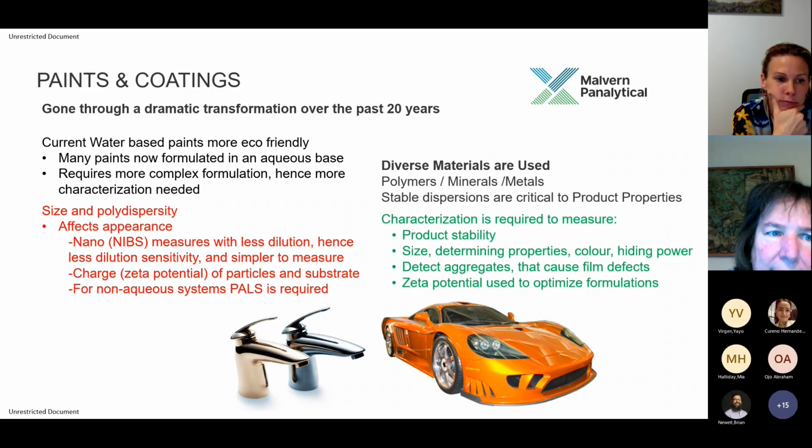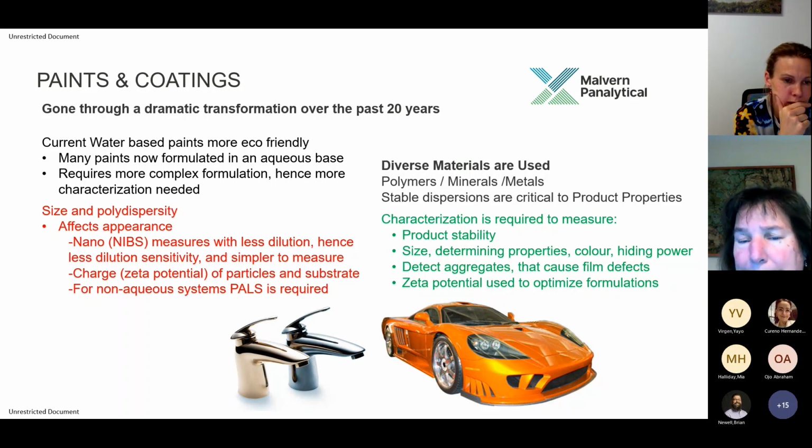This is really an area that's gone through a dramatic transformation over the past 20 years. Paints had to move away from being organic based to water dispersion based in order to improve the ecological issues that were a problem for volatile organic compounds.